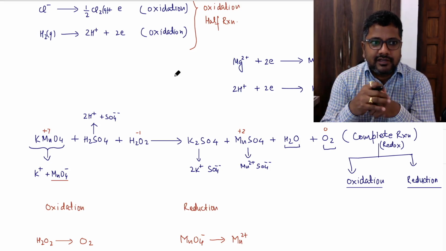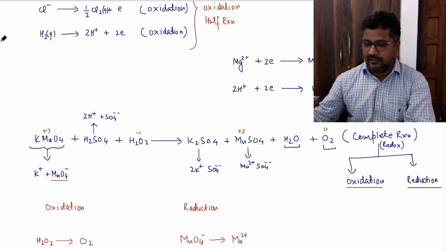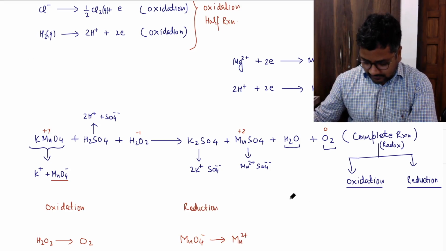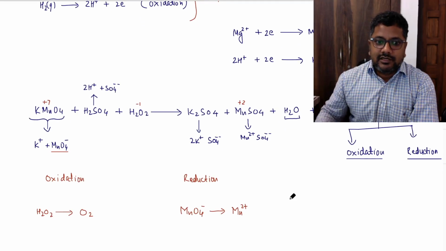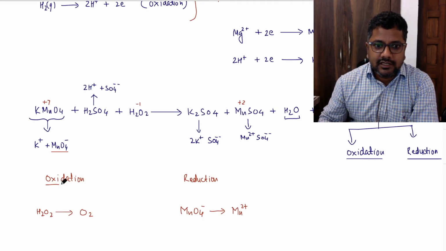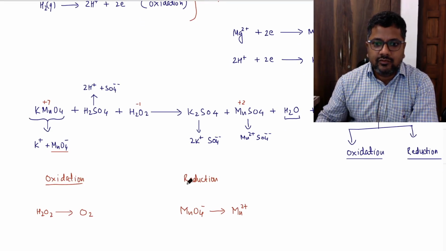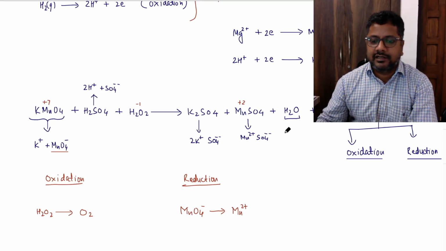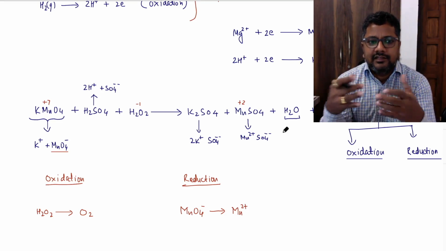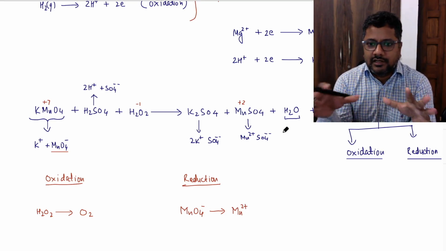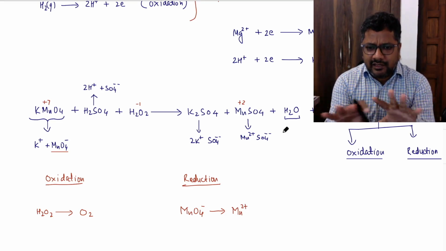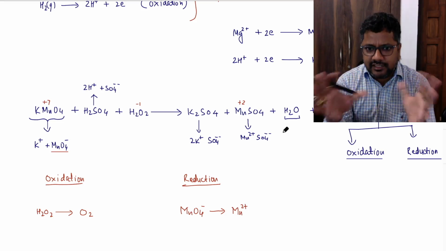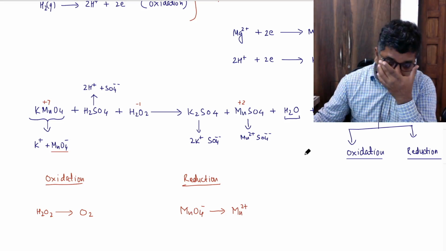Okay, you can compare this with a play. The main role here is played by H2O2 to O2 and MnO4 minus to Mn2 plus, and all other things are present to maintain the system electrically neutral, and they control every feature of the system, right?